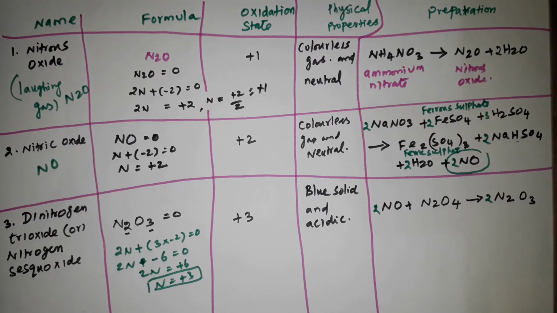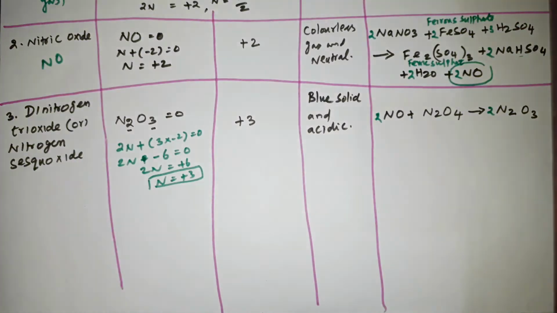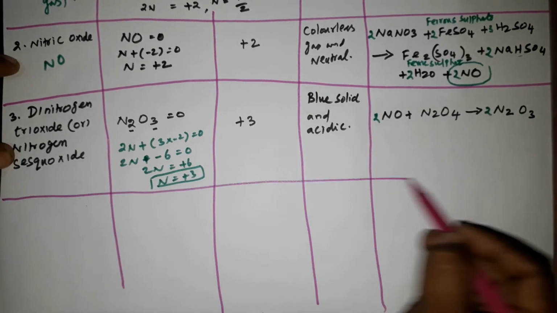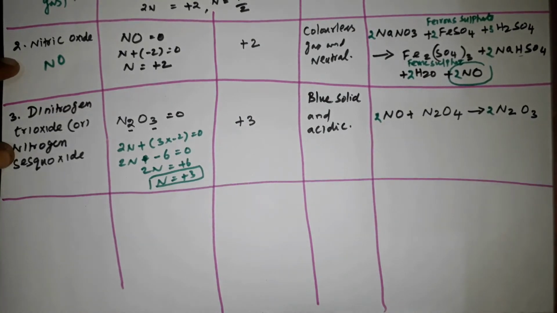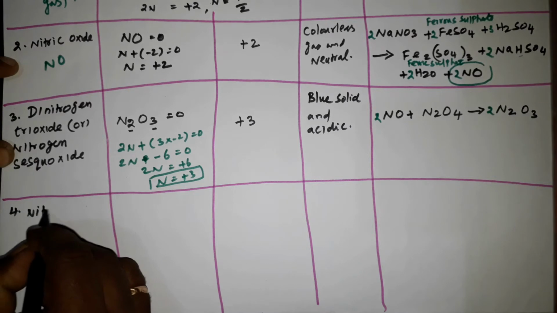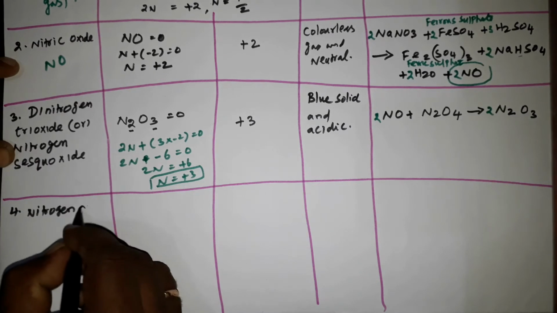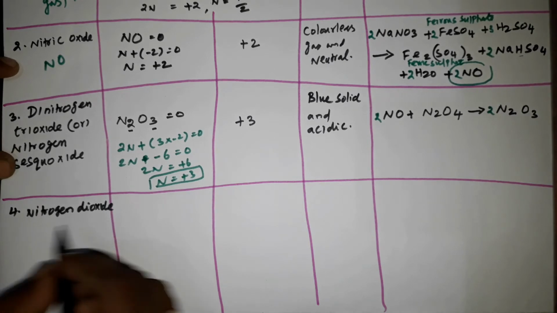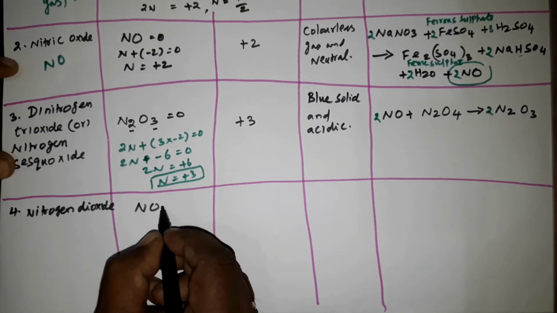Next one, nitrogen dioxide. Okay, nitrogen dioxide. The fourth type is nitrogen dioxide. The formula is NO2.